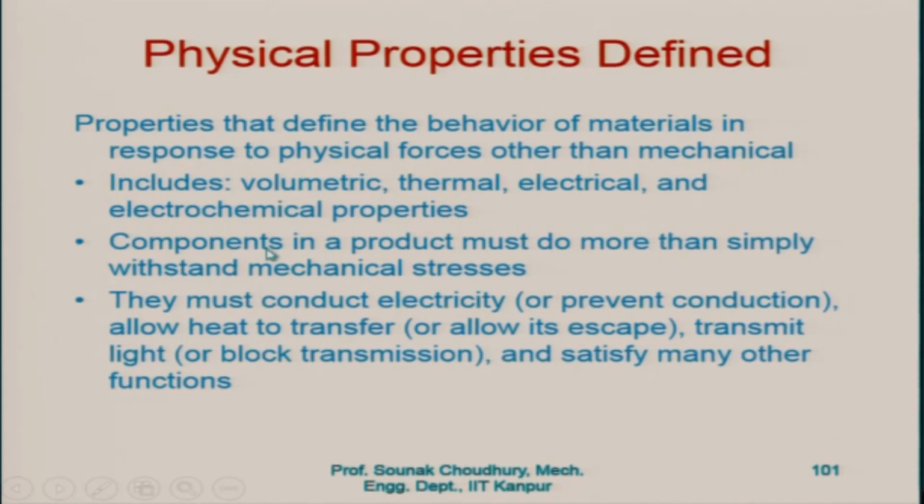Now, components in a product must do more than simply withstand the mechanical stresses. They must either conduct electricity or prevent the conduction, allow heat to transfer or allow it to escape, transmit light or block the transmission, and satisfy many other similar functions.